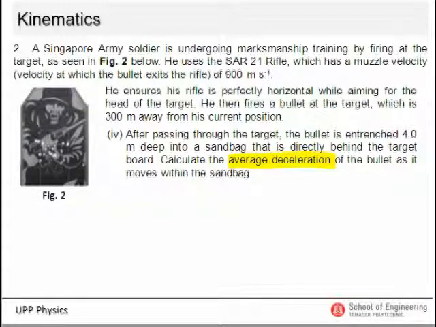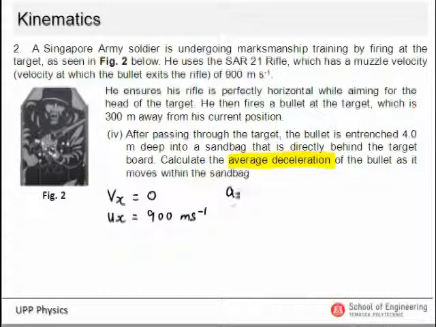Now, what is the kinematics equation that we need to solve this problem? Let's list down the variables that we know. First of all, we know that the final velocity horizontally of the bullet must be 0 because the bullet comes to rest ultimately. And the initial velocity horizontally of the bullet is 900 meters per second.